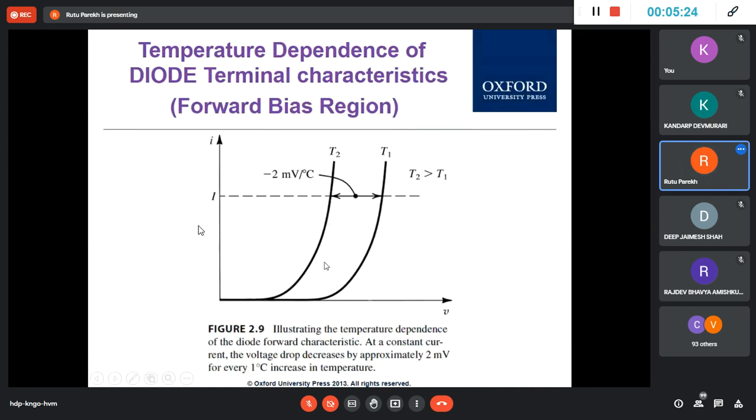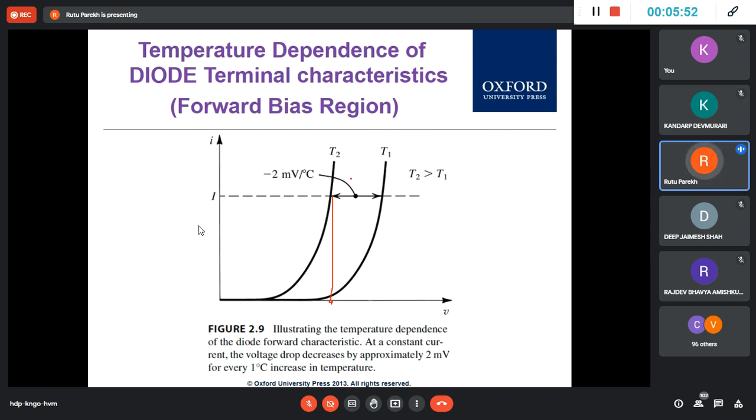So the thing is that at a higher temperature, for the same current, let's say this is the same current, I only, you will need less voltage. Here, this is the voltage. You will need this much voltage, and this is lower. This is let's say 25 degree.